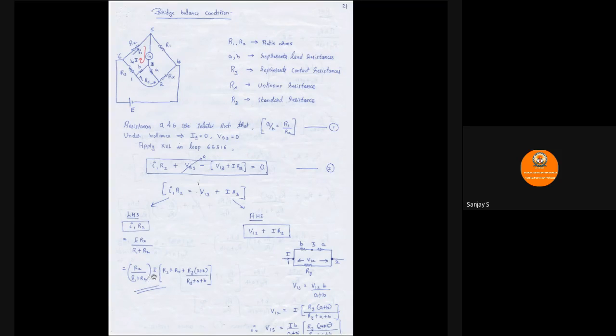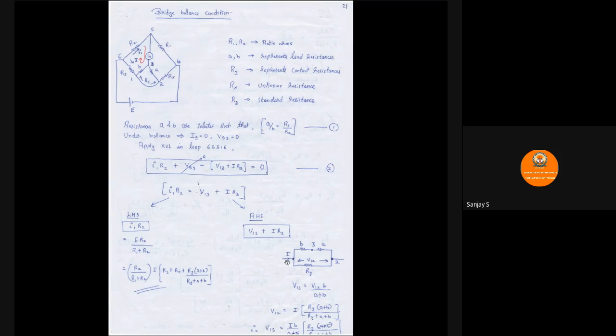E again can be expressed. If you have a look at the equivalent circuit, a part of the circuit on the right side, you can see that we have A, B, and Ry connected in parallel. So if you try to write the expression for E, you will have R3 plus Rx plus Ry into A plus B by Ry plus A plus B. Because if you redraw the circuit in this manner, A and B will basically appear in parallel with Ry.